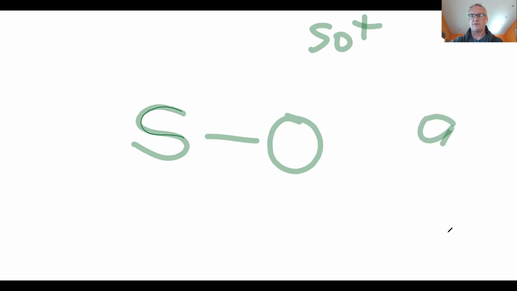So remember, we want to give an octet, or try and give an octet, to both of them. So 1, 2, 3, 4, 5, 6, 7, 8, 9. So that's not going to work. Sulfur has a full octet. How many total electrons does oxygen have in this particular model?